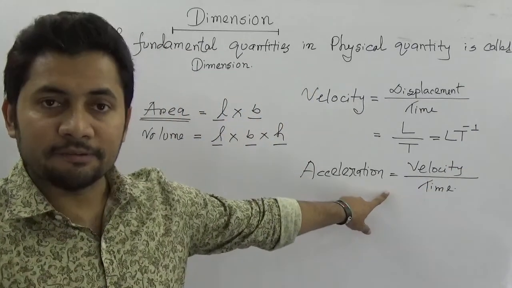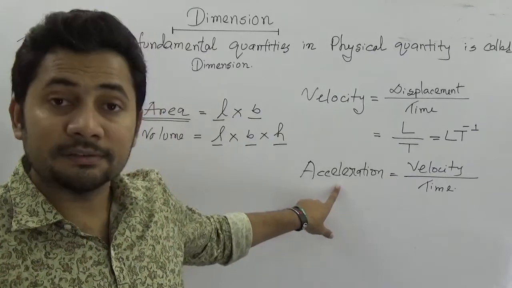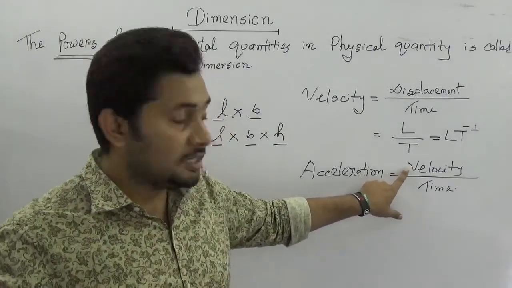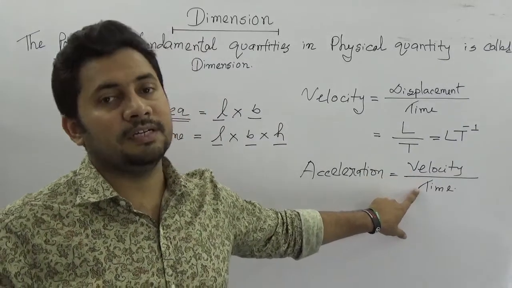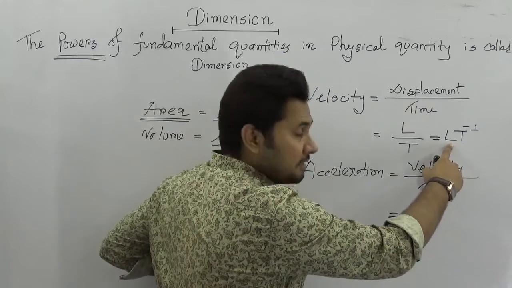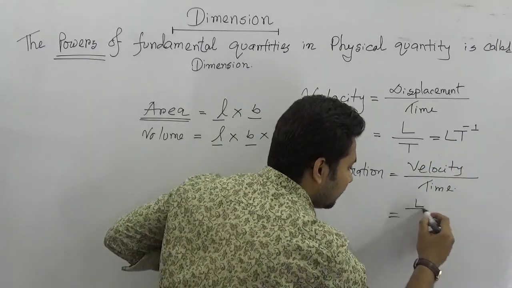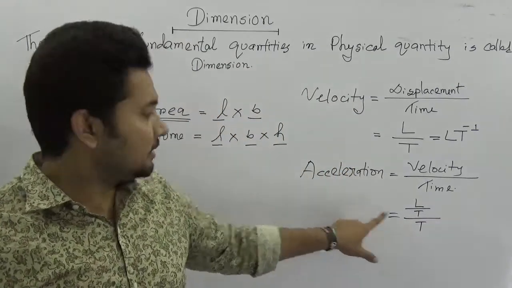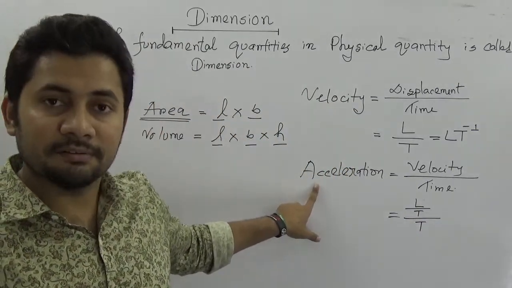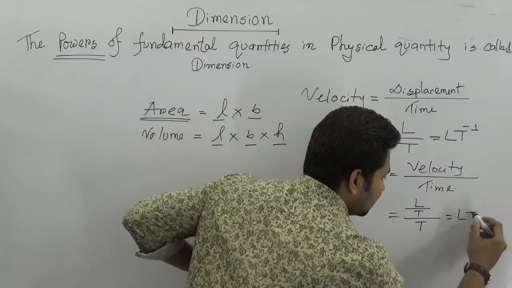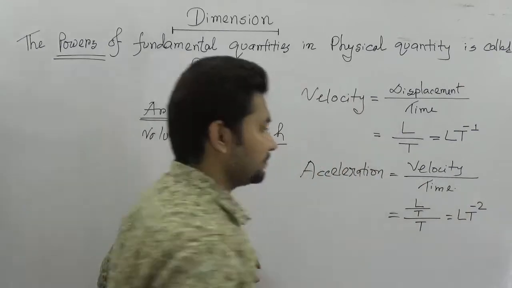If we want to find out the dimension of acceleration, it would be the dimension of velocity over time. Here we just found this is LT inverse 1, so L over T over T. This would be the dimension of acceleration, and hence it would be L T inverse 2.